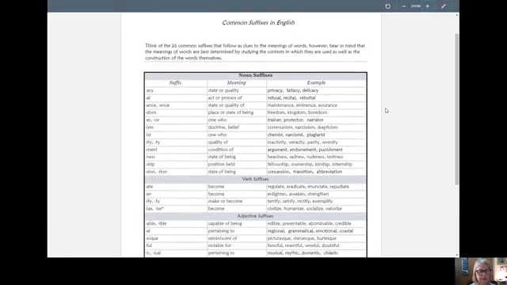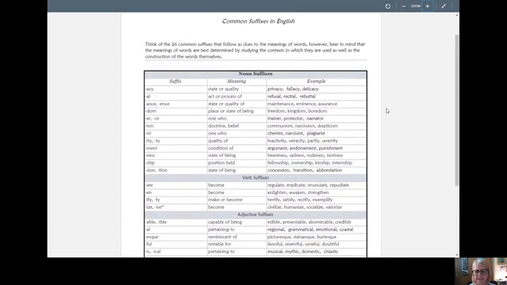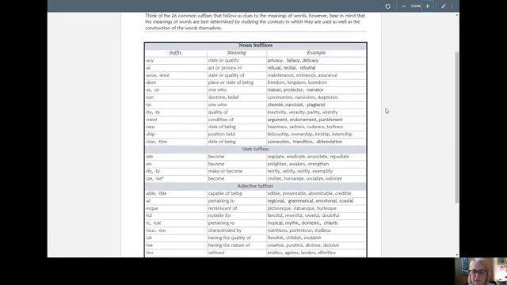So I want you to think of suffixes as ways to help you understand meanings of words and how you use them in context. So let's just go through this list and talk about how we use those suffixes.